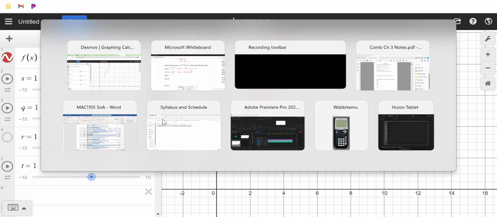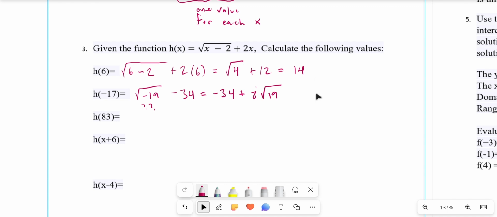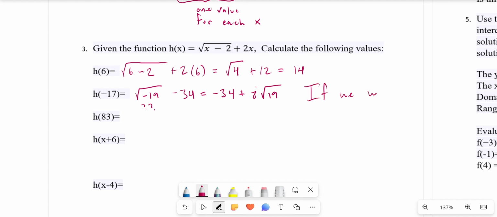So if I want to keep it real, then the square root, we have to keep the argument positive, right? We have to keep the argument of the radical, x minus 2, greater than 0. In other words, x has got to be greater than 2.